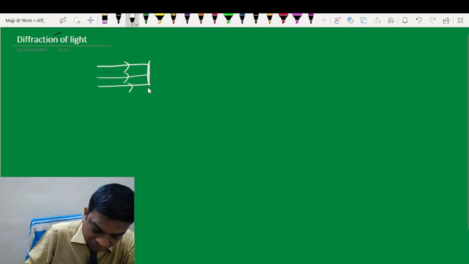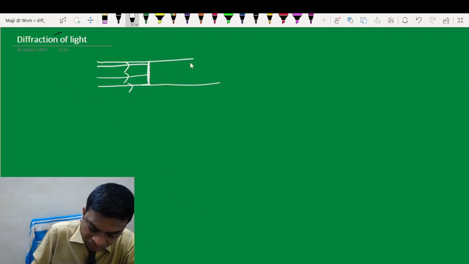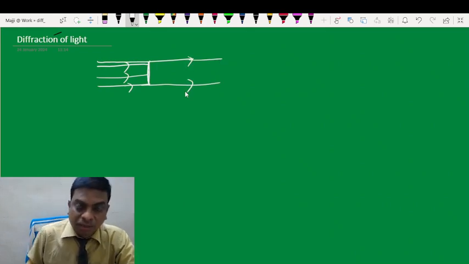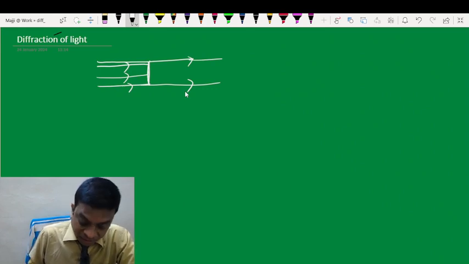Then what will happen? Actually light rays are supposed to go this way as per the principle of rectilinear propagation of light. According to the principle of rectilinear propagation of light, light must travel in a straight line path.